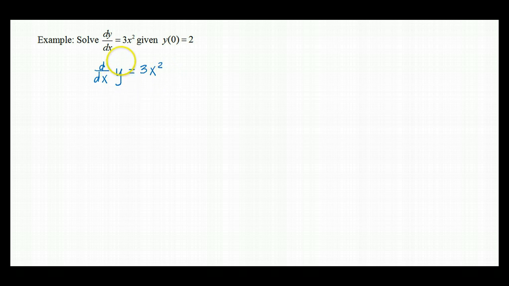So now, the variable that I'm solving for is actually going to be y. So your inclination might have been to solve for x because of the way we're used to solving equations, but a differential equation means we're actually solving for a function. So what function did I have to take the derivative of to get out 3x squared?